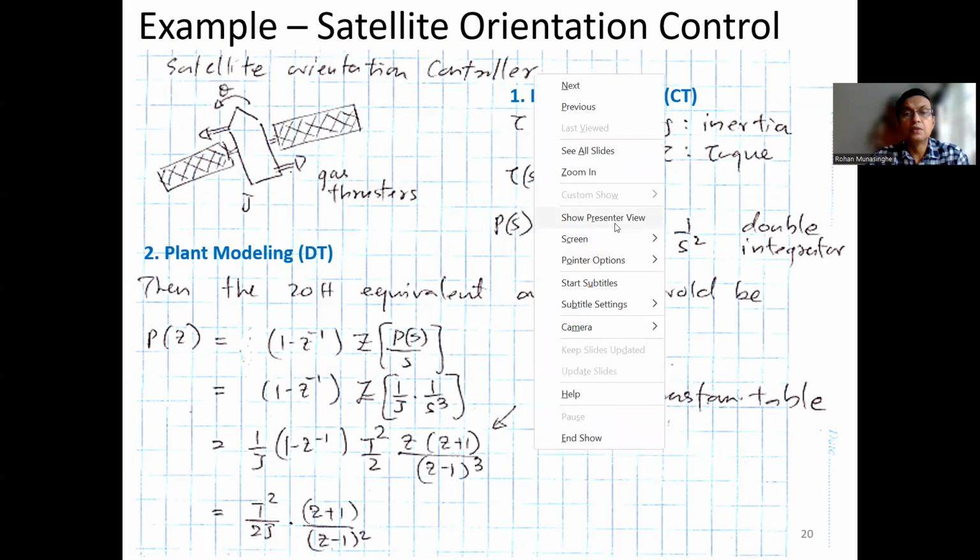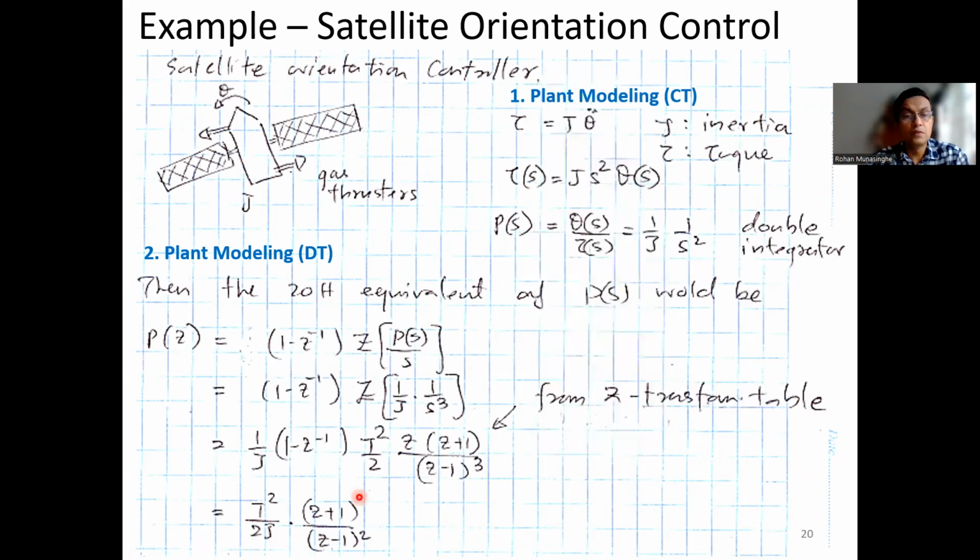This part becomes Z plus 1 over Z minus 1 squared, and this part is 1 over Z. So then it goes here, Z minus 1 over Z. Z cancels out, so you get to this one. So this is the Z transform of the plant.